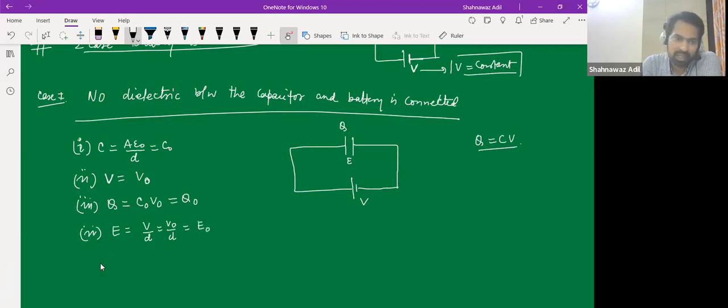Okay. And then the fifth, which is energy. Energy is half CV squared, which is half C naught V naught squared, which is U naught. So these are the initial conditions.